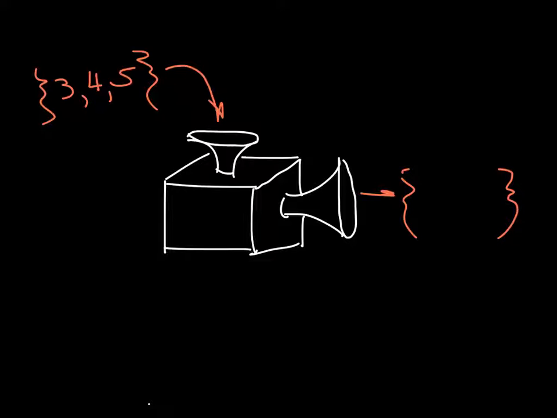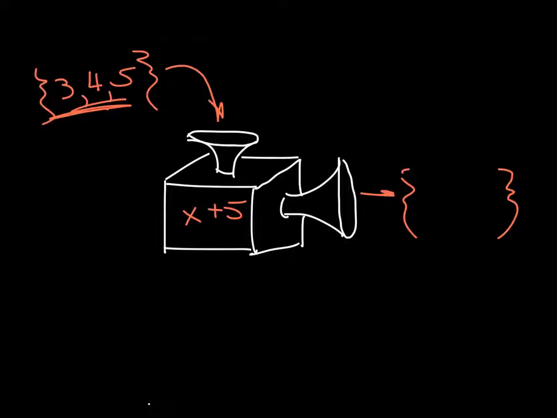Okay, so let's say that my function is x plus 5. Whenever I put one of these numbers in my function box, it's going to go in place of the x. So what I'm going to do is add 5 to each of the numbers, and then it will spit out an answer.